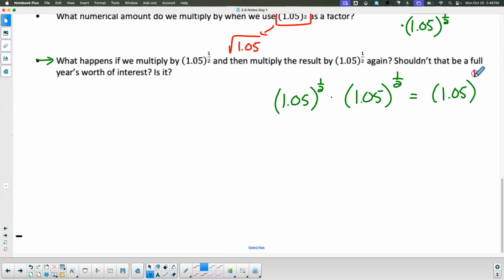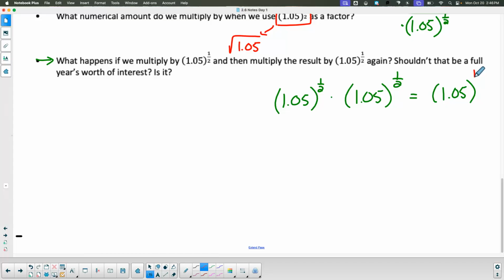Because we add those exponents, right? Yep. 1/2 plus 1/2 is 1. Which means that we should get the 402.02 number again, right? Which, if you think back to about a half an hour ago, we said it really was 402.024, which is what we got when we multiplied that out.